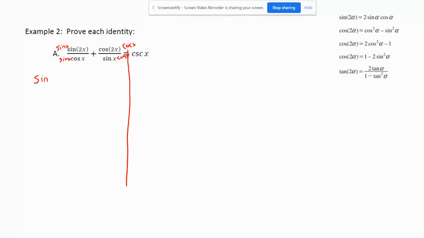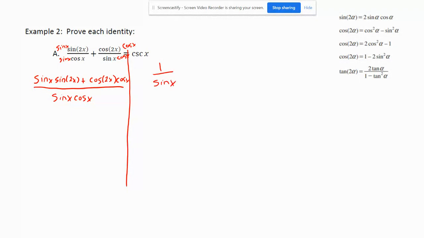So what we get is sine x times sine 2x plus cos 2x times cos x, over sine x cos x. And on the right hand side we have cosecant x, which is 1 over sine x.